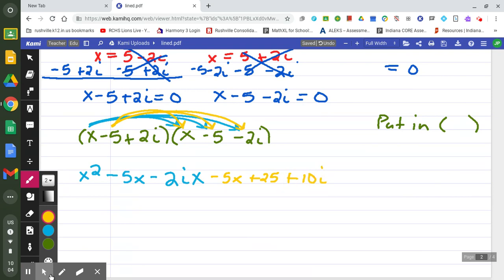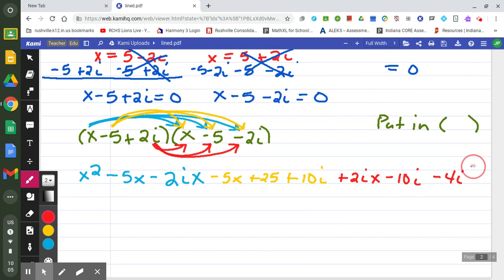And then I have my third term that I need to multiply by. So 2i times x gives me plus 2ix. 2i times negative 5 is negative 10i. And 2i times negative 2i is negative 4i squared.